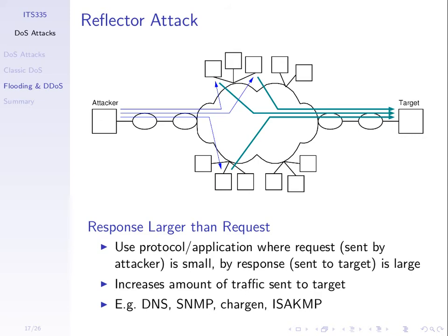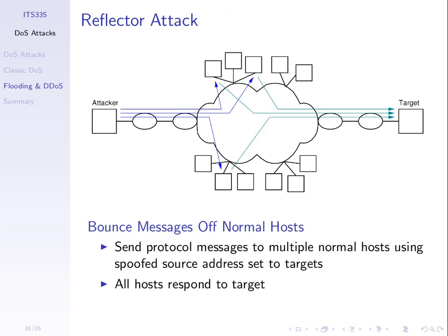Remember, the goal is to overflow the capacity of the link to the target so that the normal traffic doesn't get to the target. How do we do that? Send to many different normal hosts so that they all reflect to the target. So the more hosts the attacker sends to, the more is going to go to the target. So send to more hosts in the internet.